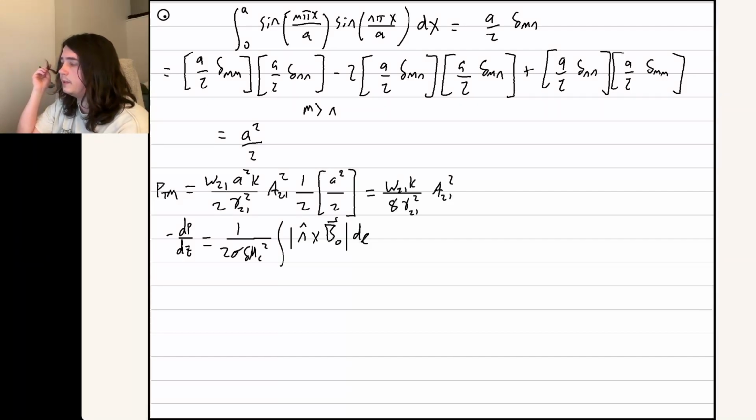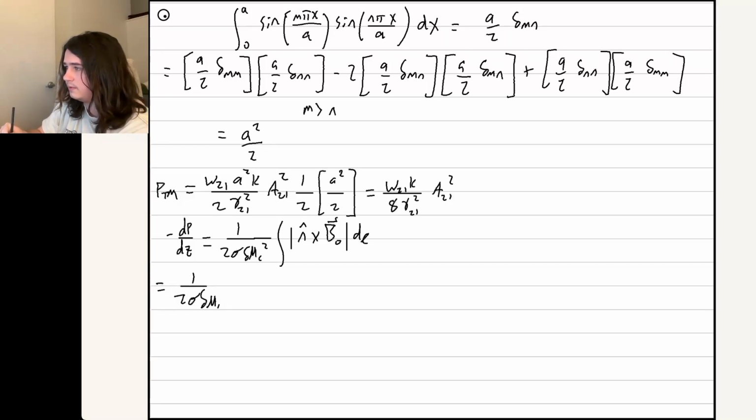And because the triangle has 3 discrete sides that aren't really smooth at all, we're actually going to have to split this up into 3 different integrals. So that's going to be with the prefactor 2 sigma delta mu c squared, mu c just being the permeability of the conductor surface.